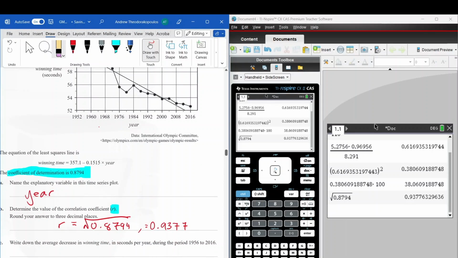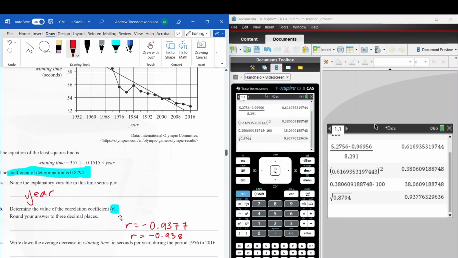So our R value is going to be negative 0.9377. The other thing you need to look out for is that there's 3 decimal places, so our final answer will be negative 0.938.